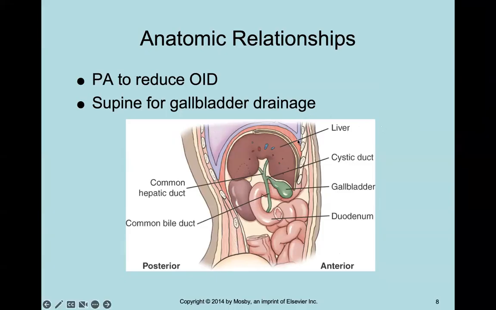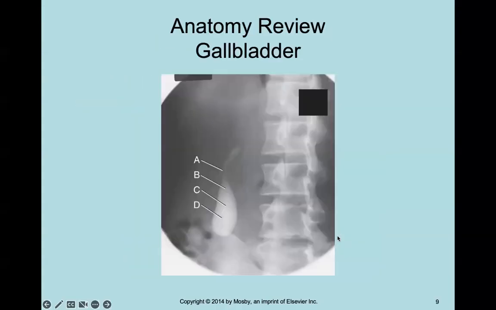This is the anterior aspect of the abdomen. This is posterior because here I can see the spine. So we have the liver, the gallbladder posterior to the liver, the kidneys back here, the duodenum, and then the small intestine and large intestine.